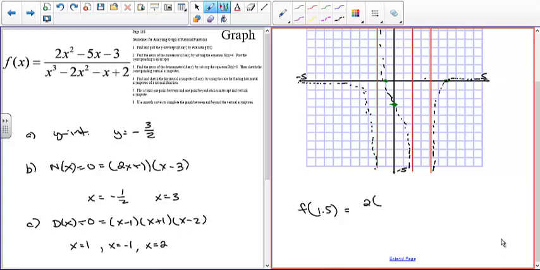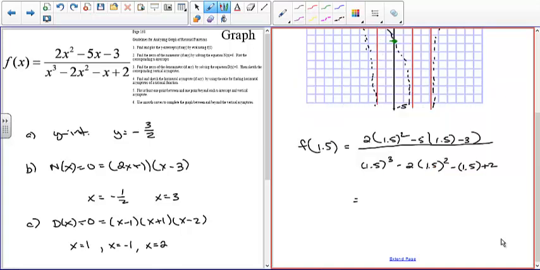I'm going to use the non-factored form because I think that'll be easier to evaluate. I'm going to do both the numerator and the denominator separately and just see what they are.